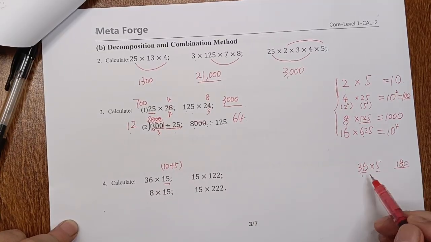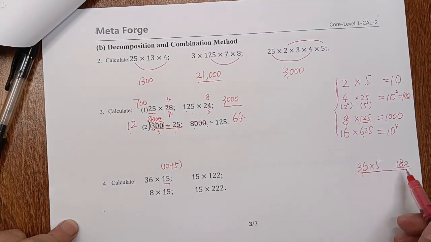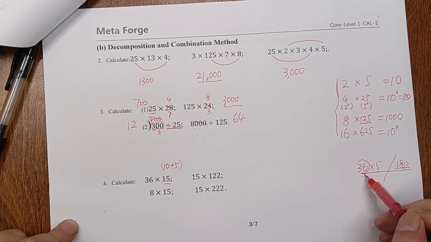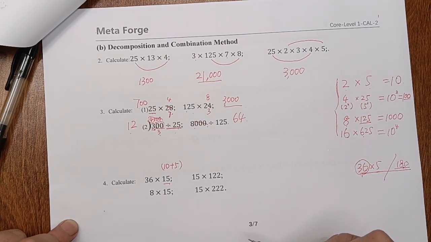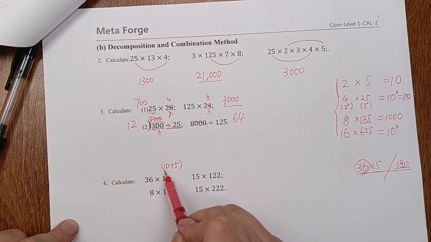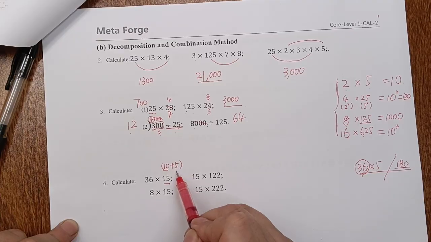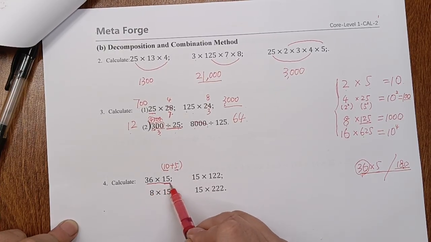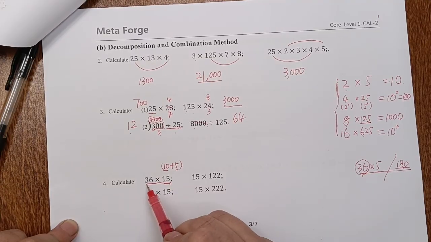Times 5 equals calculating the half of this. So times 15 equals some number itself, add itself's half. So how to calculate it cleverly? 36 add its half.